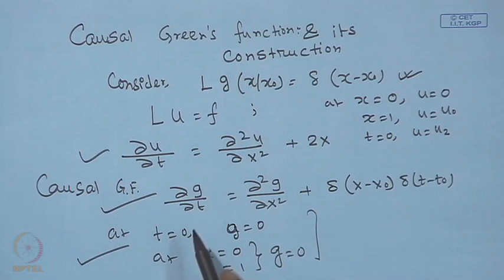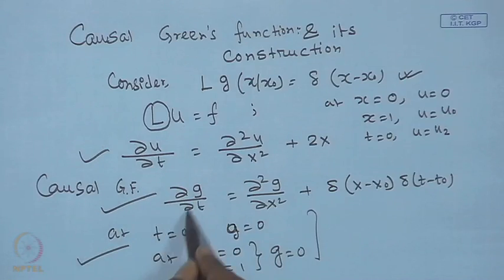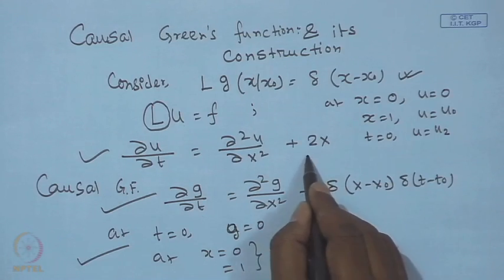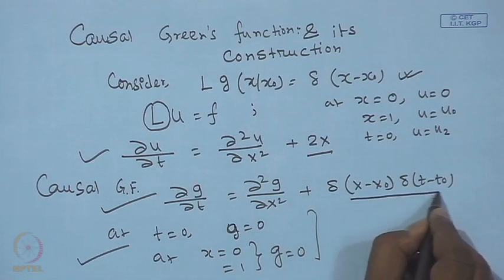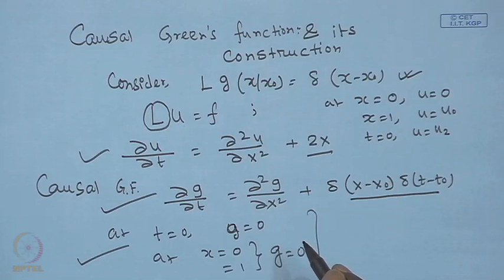There are two characteristics one has to remember for the construction of the causal Green's function. First, the non-homogeneous term of the governing equation must vanish. The operator L of the original problem and the operator L of the causal Green's function are identical. The non-homogeneous term has to be replaced by the Dirac delta function or unit step function.